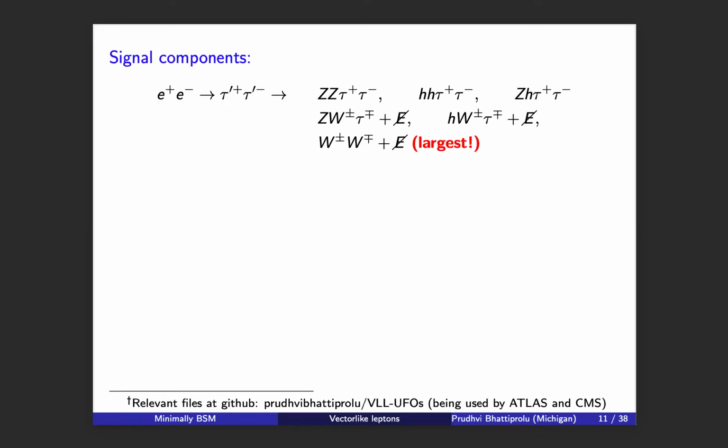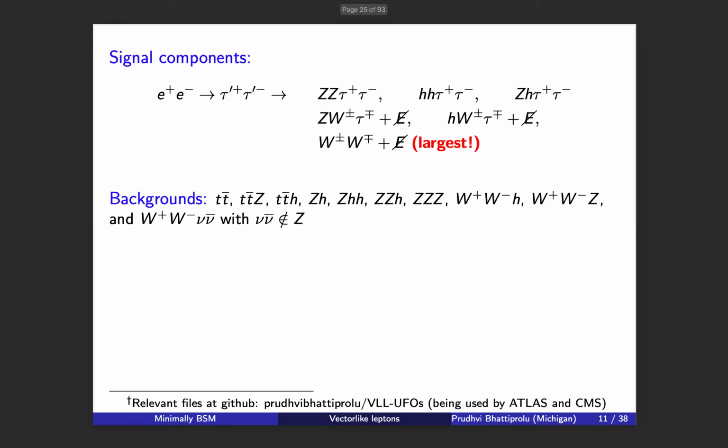Due to the large branching fraction to W and neutrinos, W plus W minus with missing energy is the largest signal component. I shouldn't say there is no good strategy, but we did not try to reconstruct tau prime masses in this last final state, so I'll just be focusing on the first 5 here.